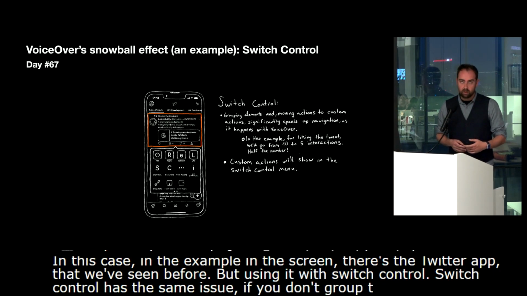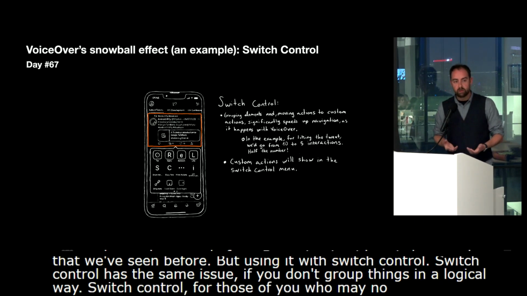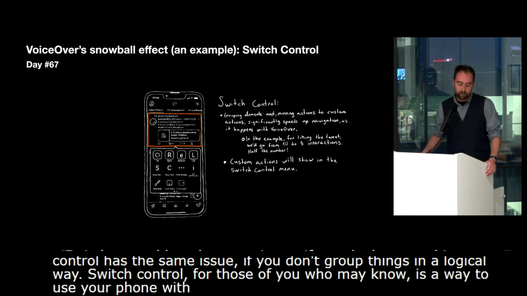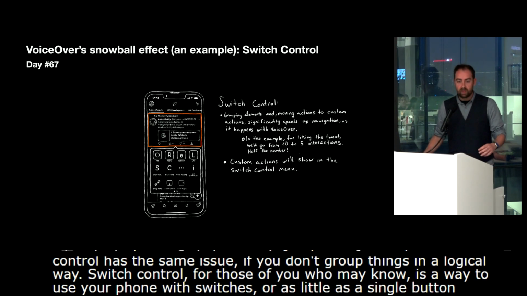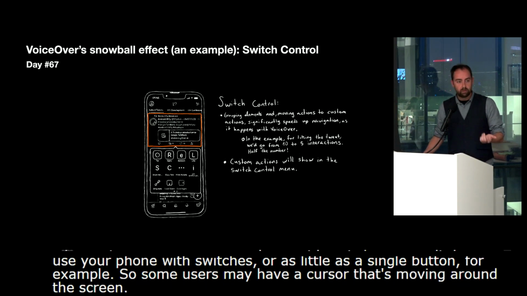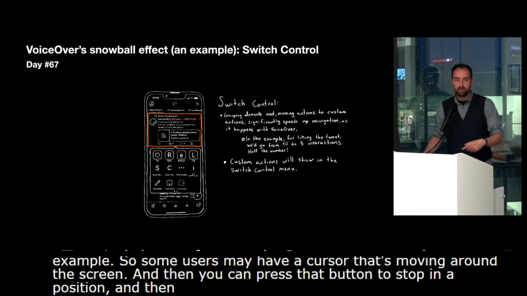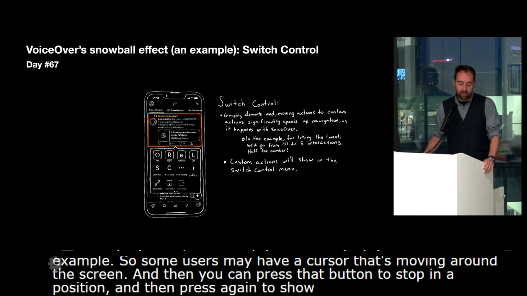And Switch Control, for those of you that may not know, is a way to use your phone with switches, or as little as a single button, for example. Some users may have a cursor that's moving around the screen, and then you can press that button to stop in a position, then press again to show a menu, and then press again to interact with that element.